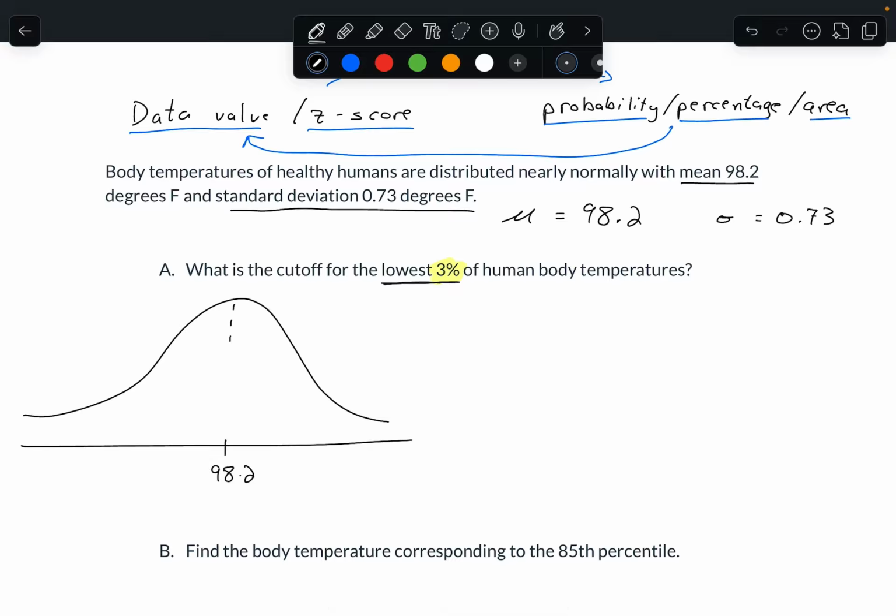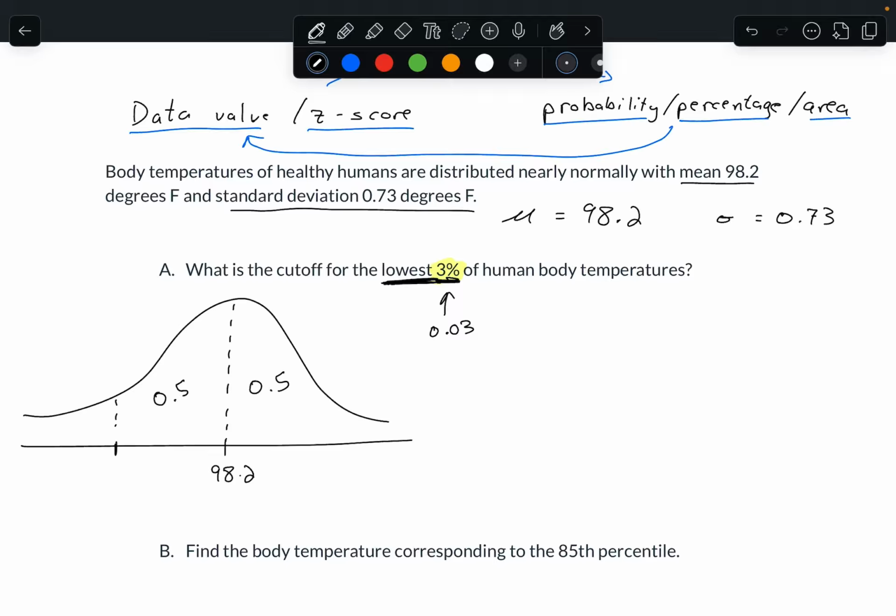I know that the mean cuts my normal distribution in half because it's symmetric, meaning 0.5 is the area to the left of my mean, and 0.5 is the area to the right of that mean. I want the area, in this case, to the left, because we're talking about the lowest, to be 3%, or 0.03. So because this area, 0.03, is less than 5%, I know it's going to live somewhere over here.